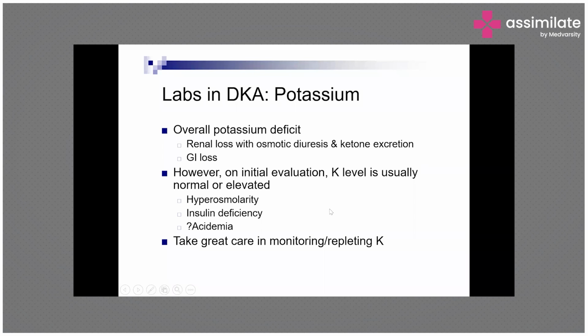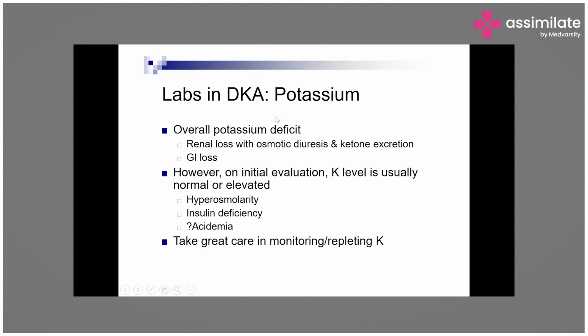As far as potassium deficits are concerned, due to osmotic diuresis and ketone excretion, these patients, DKA patients, will also have vomiting, and some patients may also have loose motions. So there will be a loss of potassium due to excessive vomiting or due to GI losses.